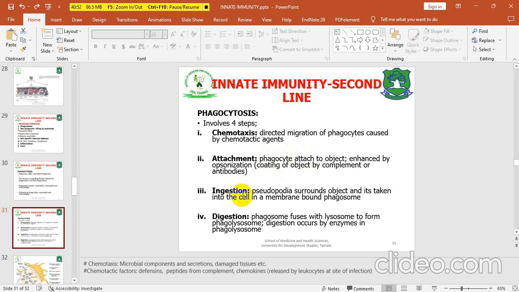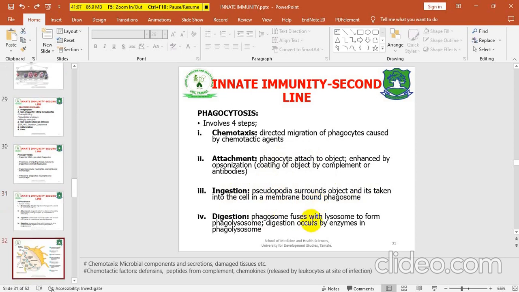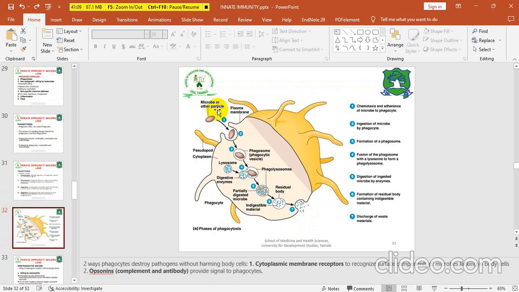We also have ingestion. Ingestion means eating. So the pseudopodia surrounds the object like I explained earlier on, and is taken into the cell in a membrane-bound phagosome. Then digestion takes place. So let me explain. The microbe or the disease-causing particle is here, number one. This is the cell membrane. The cell membrane opens up.